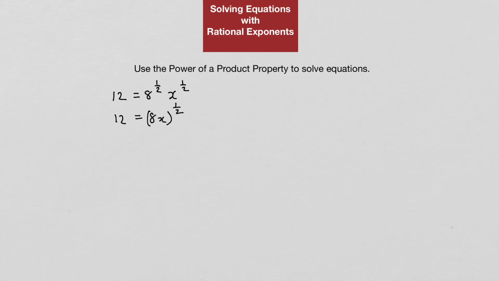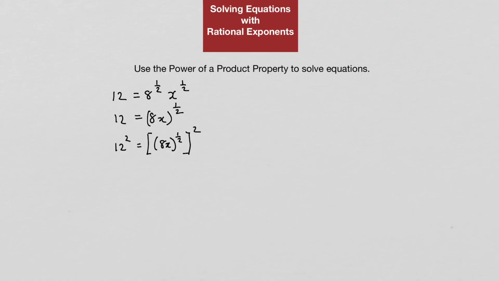Okay, so then the next step is to figure out how to resolve this 1/2 power. And the way to resolve it is to actually square it. So if we square this entire side of the equation, then we're going to have to do the same thing to this side. So what we're going to get is 12 squared is equal to 8x to the 1/2 power squared.